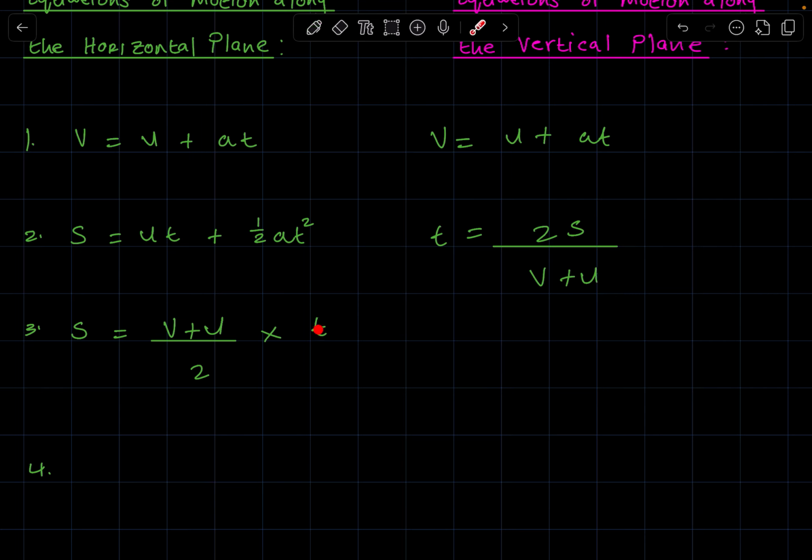Now we are going to take this equation and substitute it here, so we replace t with 2s divided by v plus u.